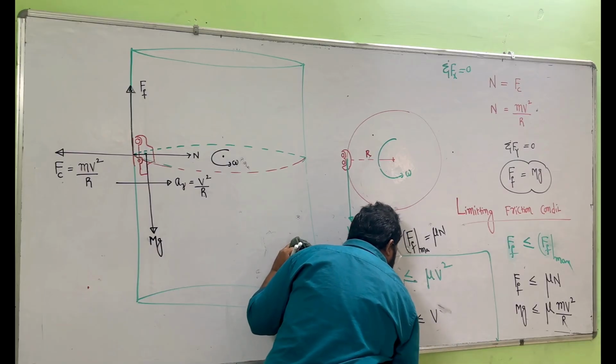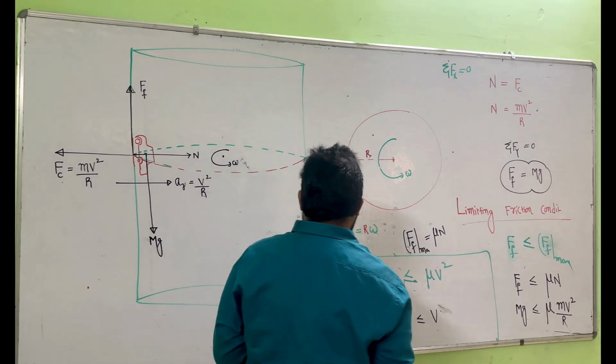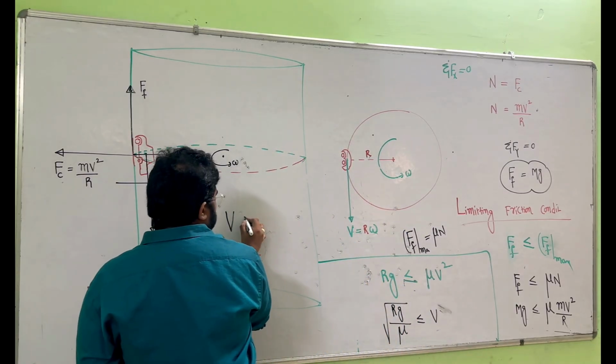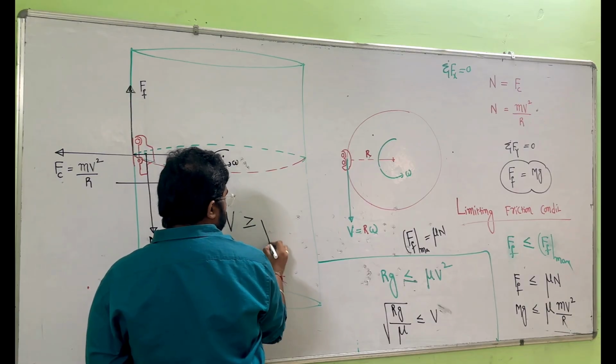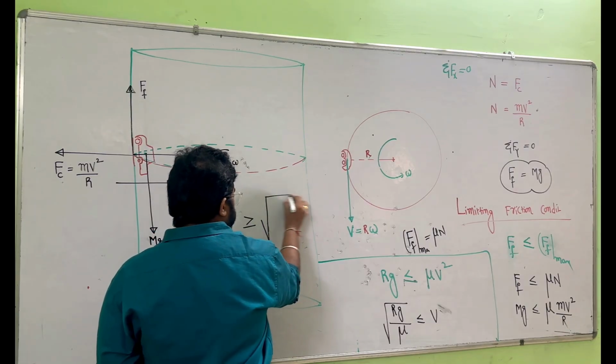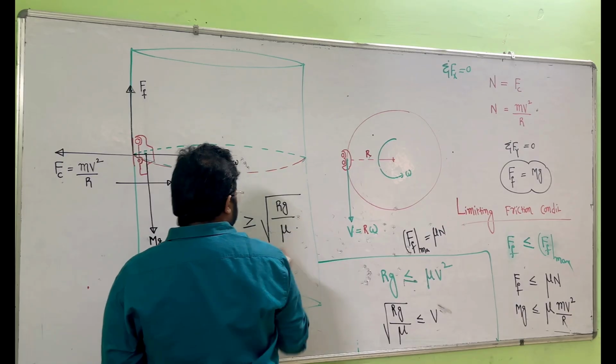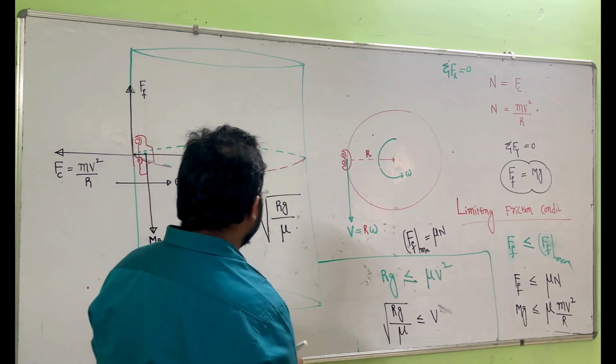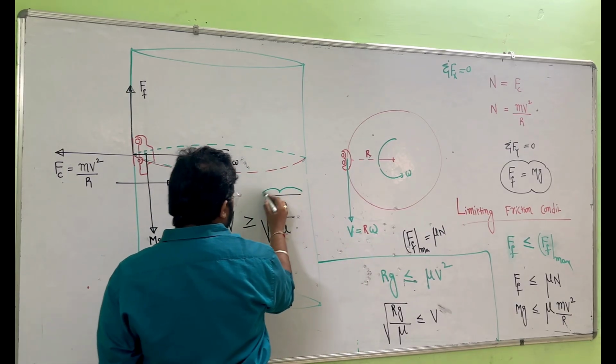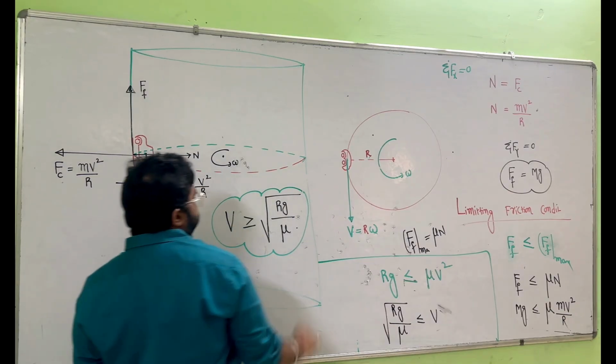Then v equal to how much? v should be greater than or equal to square root of rg by mu.